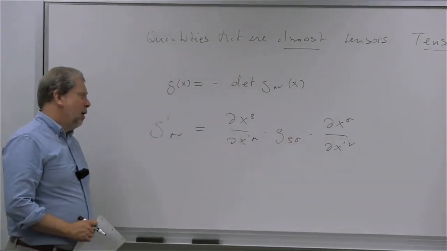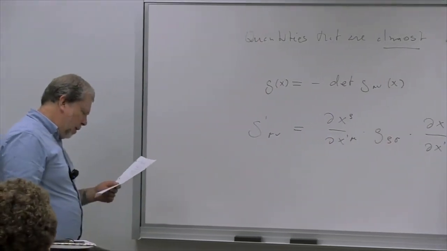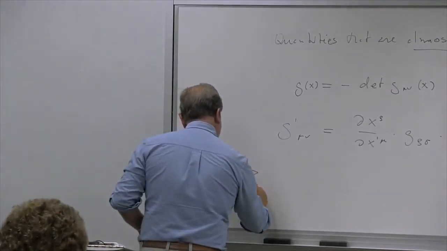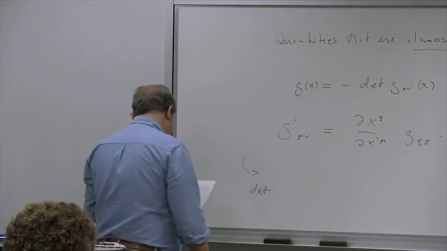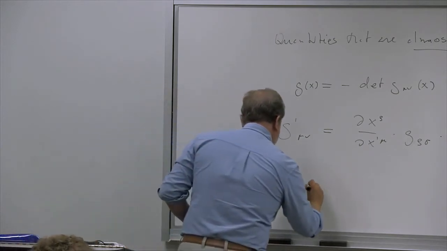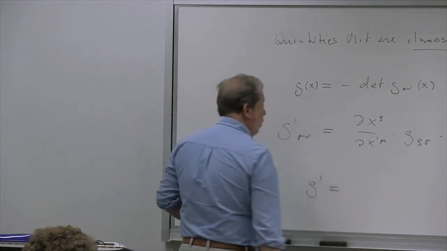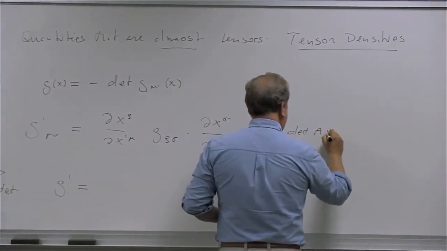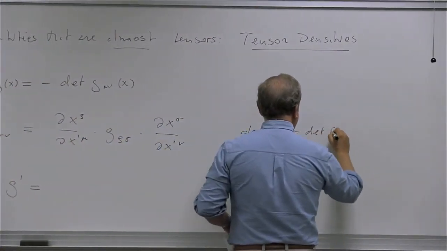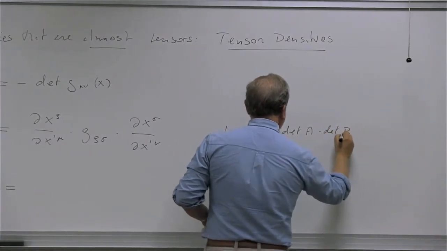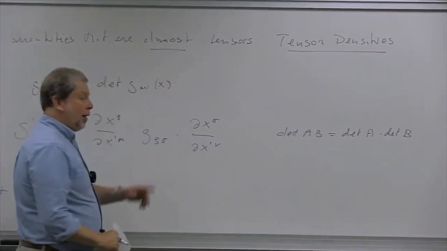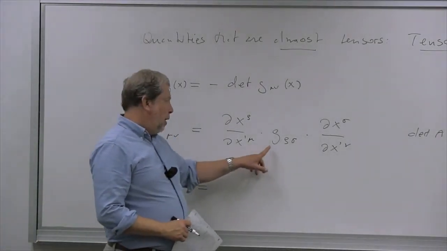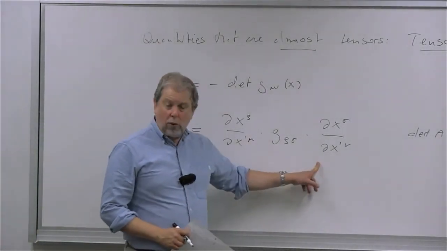And now we take the determinant of this. And when we take the determinant, then we have g prime, the determinant. Now remember that for determinants, the determinant of AB is equal to the determinant of A times the determinant of B. And so you get the product of these determinants. And of course, one of the determinants is the determinant of the metric. The other two are the same.